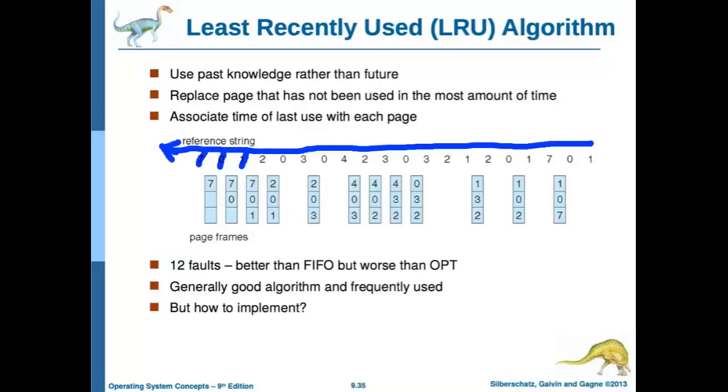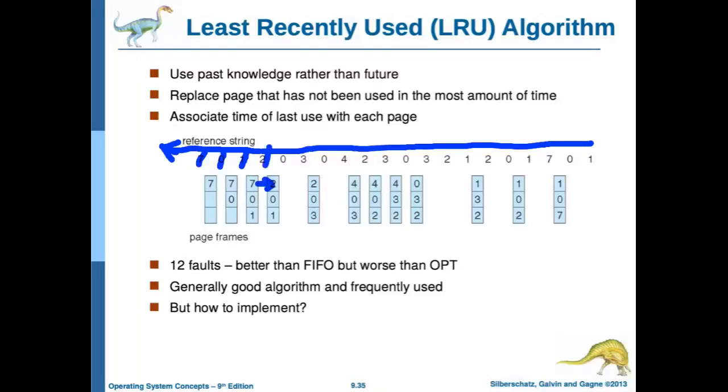Now out of 7, 0, 1, which is least recently used, that means which has not been used for the most amount of time? Most recently used is 1. Before that 0. Before that 7. Right? So 7 will be selected as a victim, and that will be replaced with 2. So this results in a page fault.